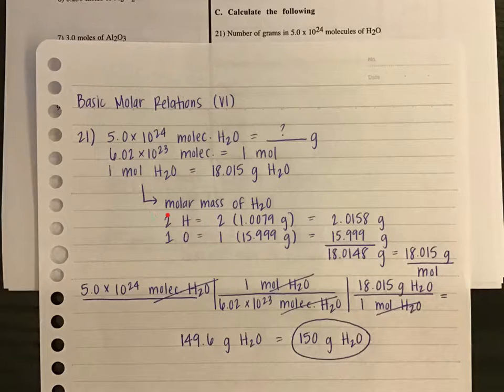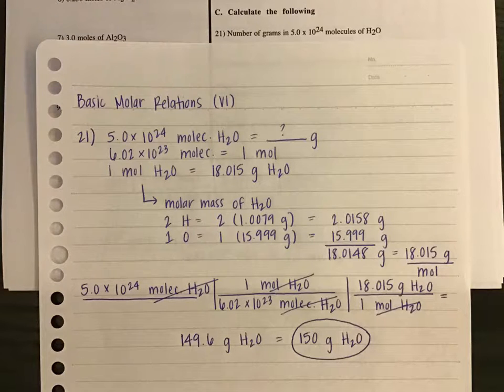So then I'm going to come down here and I'm going to calculate that. So again, there's 2 hydrogen, and I got the molar mass for hydrogen from the periodic table, and 1 oxygen, and I found this molar mass from the periodic table. And I'm going to do my calculations, and now I'm going to add them together to find that the molar mass of water is 18.0148.